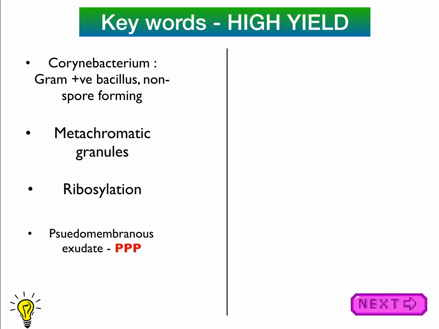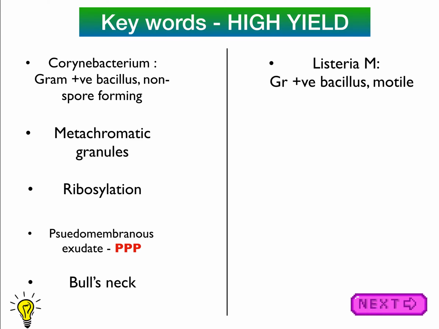For this I've got PPP, because you could describe the pseudomembranous exudate on the posterior aspect of the pharynx. These words might sound complicated, but once we go through this topic, it will be very simple and easy to understand. And of course, the bull neck is a clinical feature that is very typical for Corynebacterium.